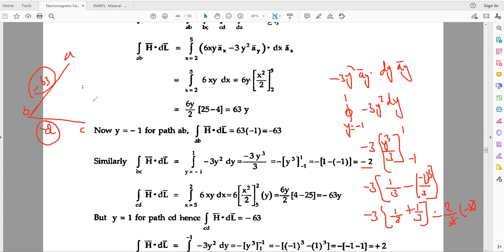Then C to D is in the opposite direction of x. The integral is H bar dot dl bar.